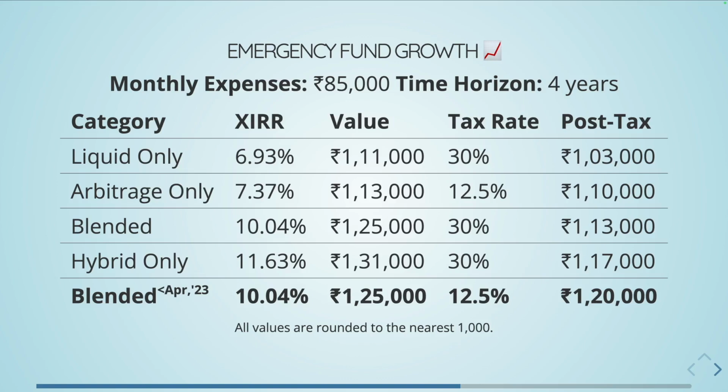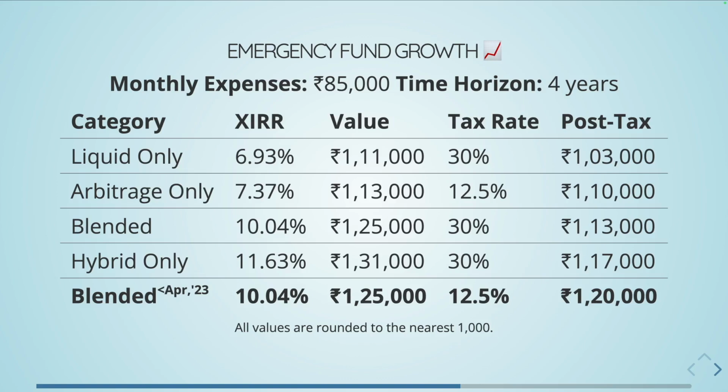One is liquid fund. If you just keep it in liquid fund, which has a 30% tax rate currently, the value would have grown from 85,000 to 1 lakh 11,000, and after tax at a 30% slab, assuming the higher slab, it will come to 1 lakh 3,000 post-tax, right? If you compare that against arbitrage fund, it has both advantages.